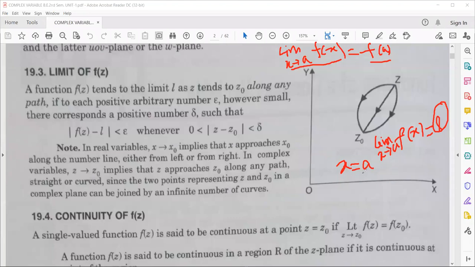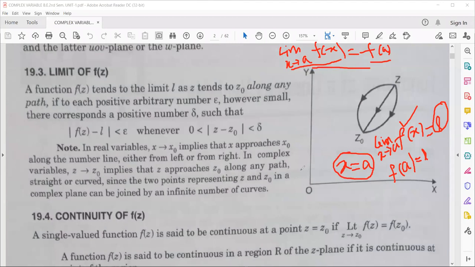Then you find its functional value. That means in the function f(x), in place of x, you put a. If you put a, obviously you will get some value. If this value is also L, that means the limiting value and the functional value are both the same, then you can say that this function f(x) is continuous at the point x is equal to a.